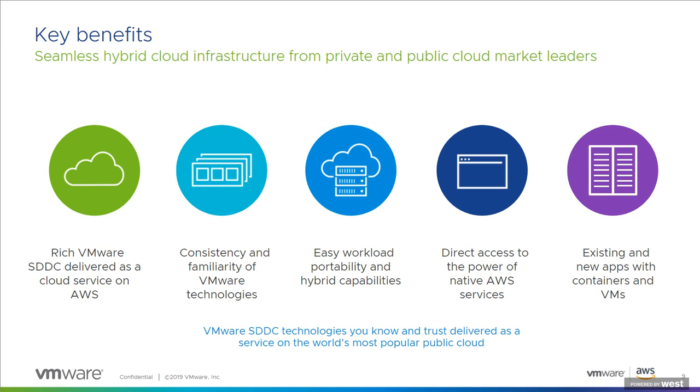So things like accessing vCenter and how you deploy and modify virtual machines is how you're currently familiar with as of today. We have easy workload portability and hybrid cloud capabilities, so we can migrate workloads from on-premises into VMC, as well as direct access to the power of native AWS services for new and existing applications that AWS provides.